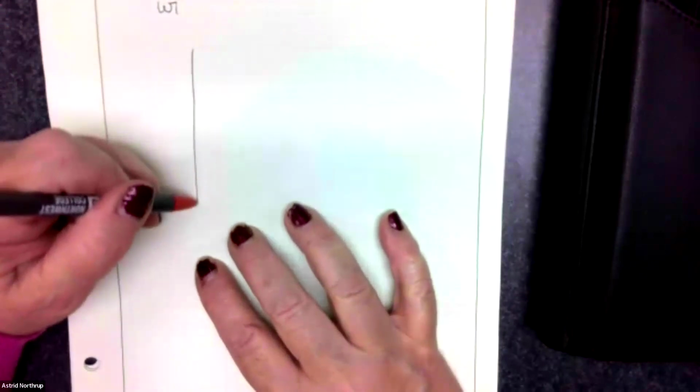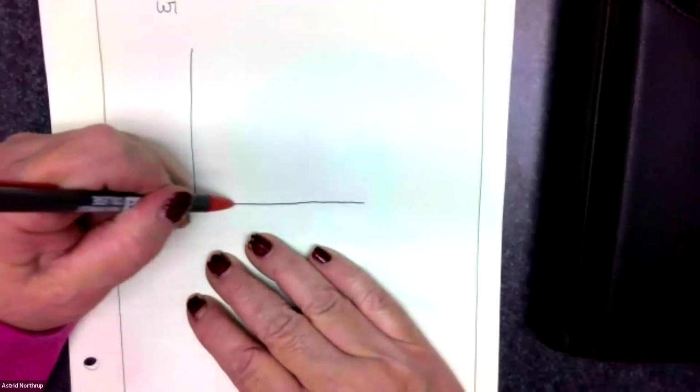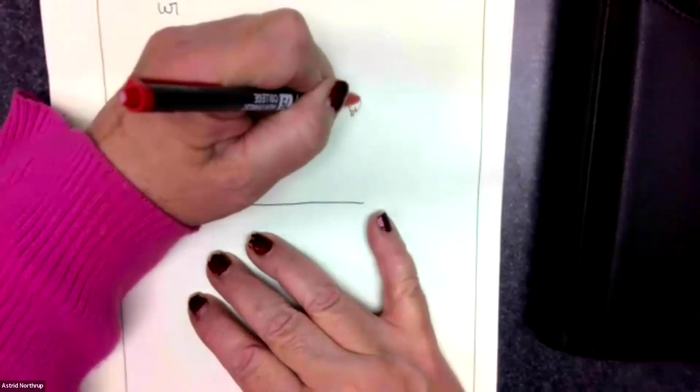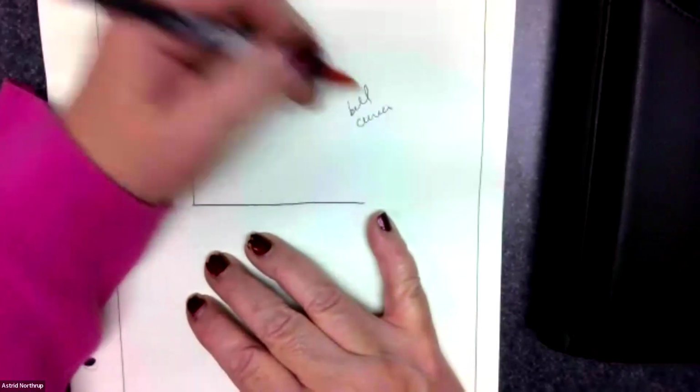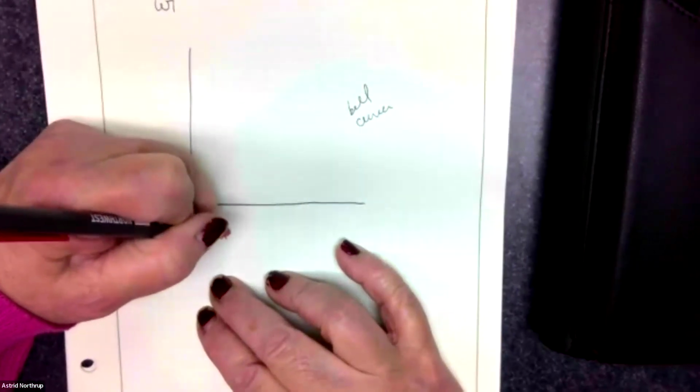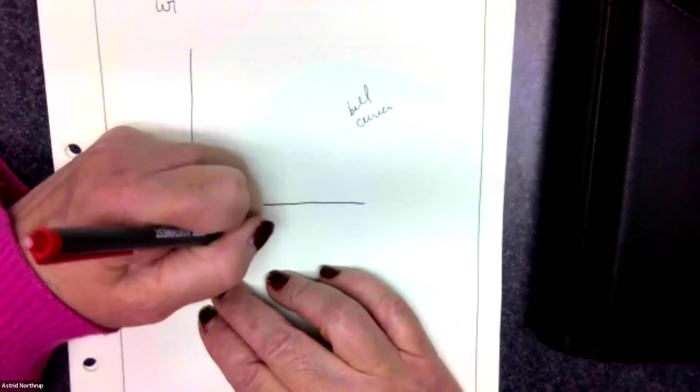So that's where this idea of a bell curve, which is really called a normal distribution, occurs.